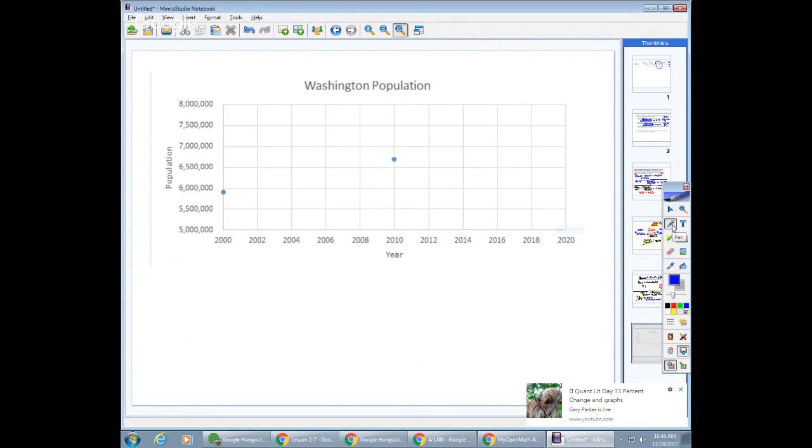So one possibility, it went in a relatively straight line, and it's going to keep going like that. So here's my original points there. But maybe they had some kind of boom, and then it kind of leveled out for a while, and then it started going up again. And who knows what's going to happen after that.